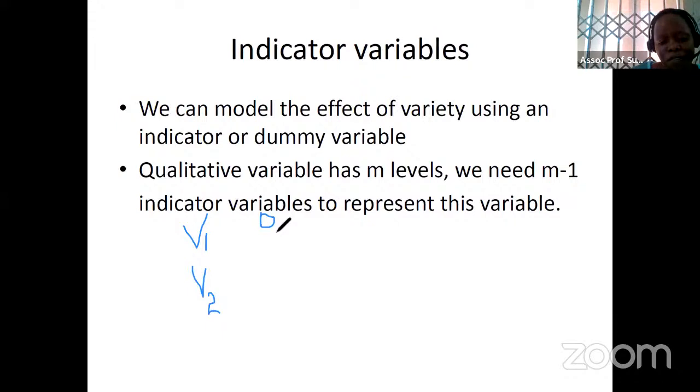So if variety is equal to V1, then the code is 1, otherwise 0. That means under the dummy variable, for V1 we write 1, and under V2 we write 0.